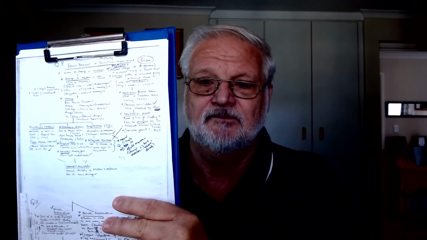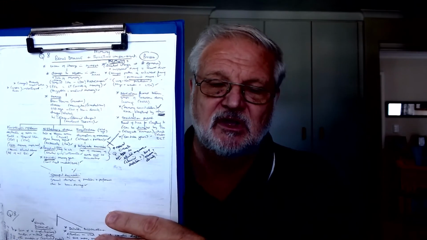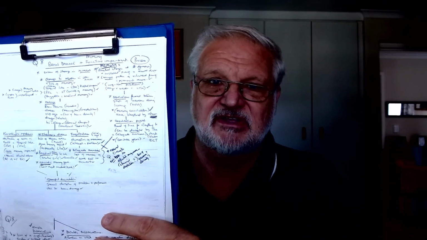And this you can use for final cramming. So that's what it should look like when you finished cramming the whole thing. And you'll find that if you do this, it becomes very useful and very easy to study.